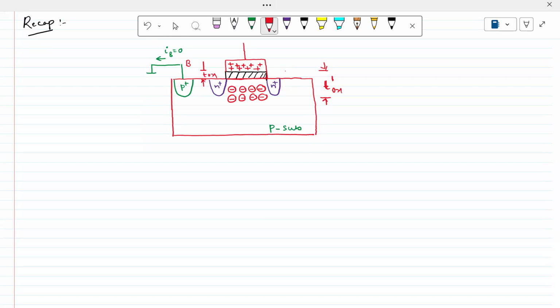Of course, all the immobile charges are just below the oxide, because their size is huge when compared to the free carriers. So I can also write the immobile charges here, and they occupy the entire silicon region under the silicon dioxide. Fine.